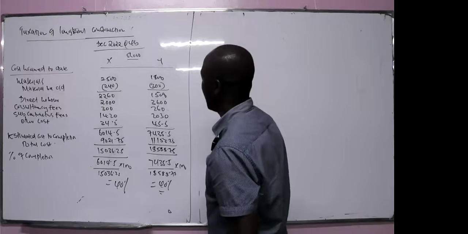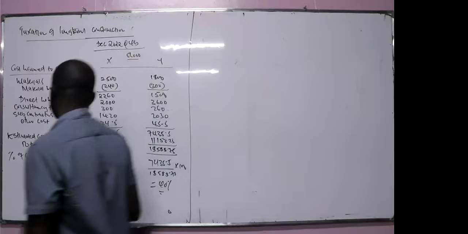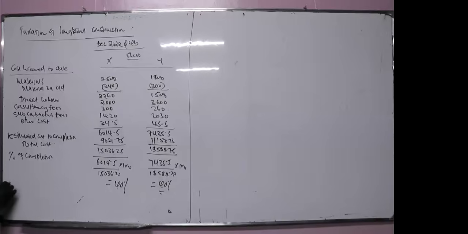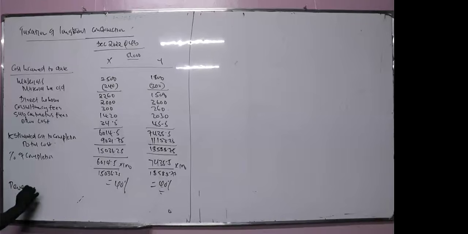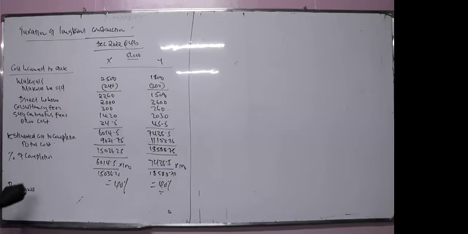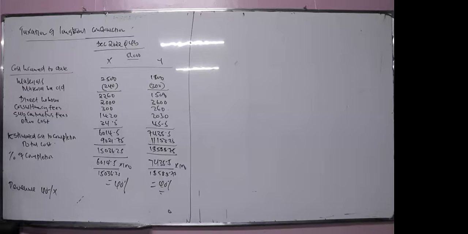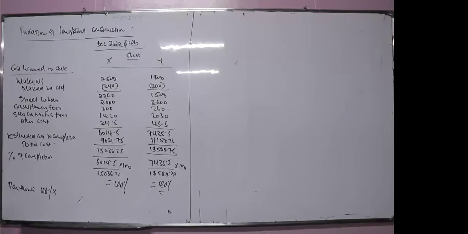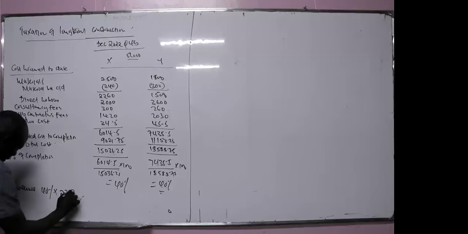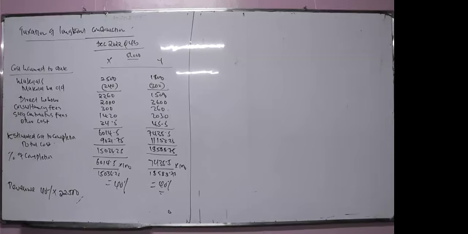Then we get the revenue recognized. So revenue is going to be 40% of, how much is this one? 22,500. How much do you get?